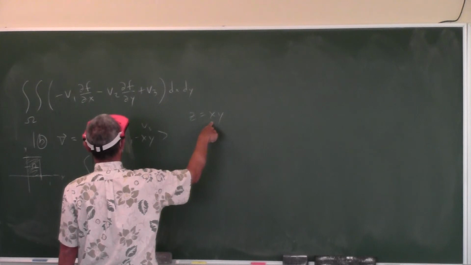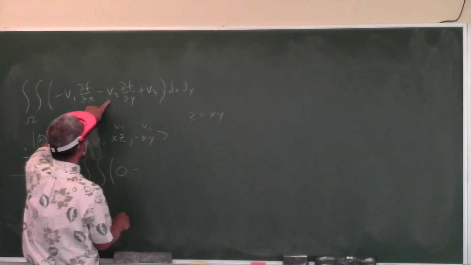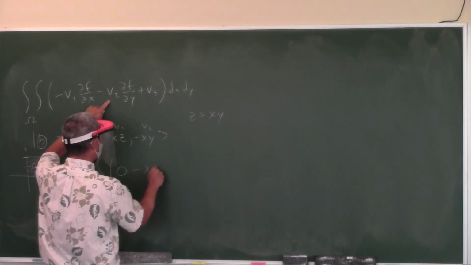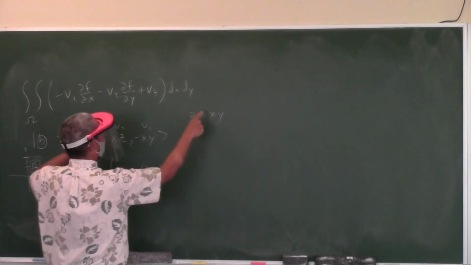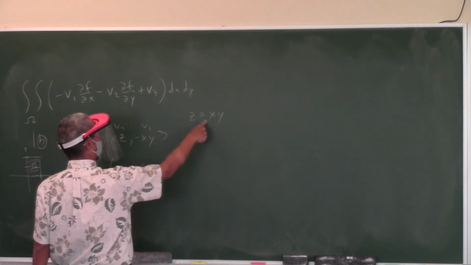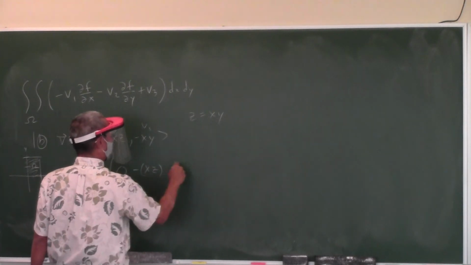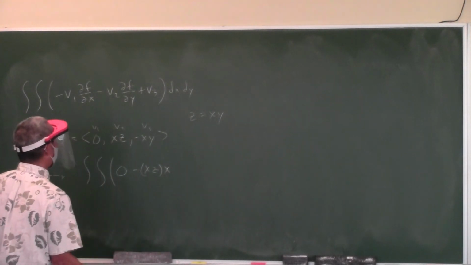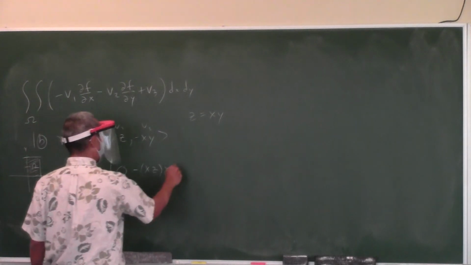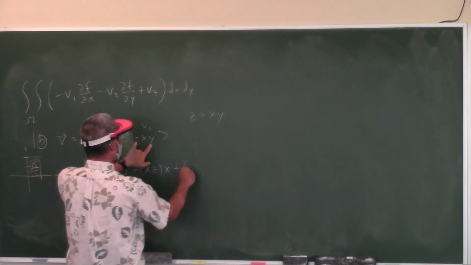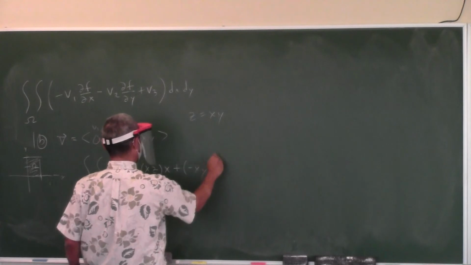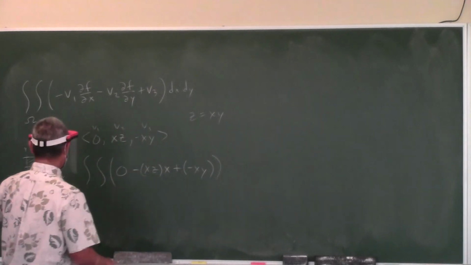Let's just do V2 first. V2 is xz times the partial of this with respect to y, which is just x. Plus V3, so that's negative xy. And then you're going to integrate this over omega.